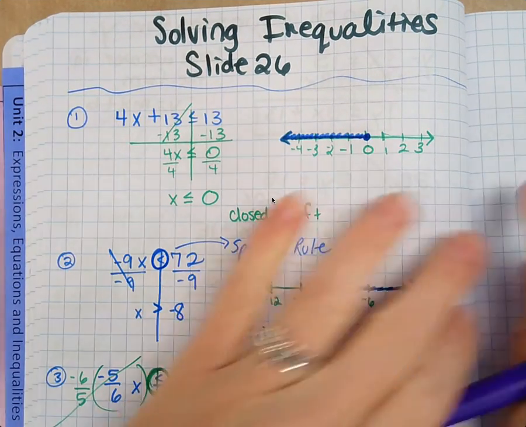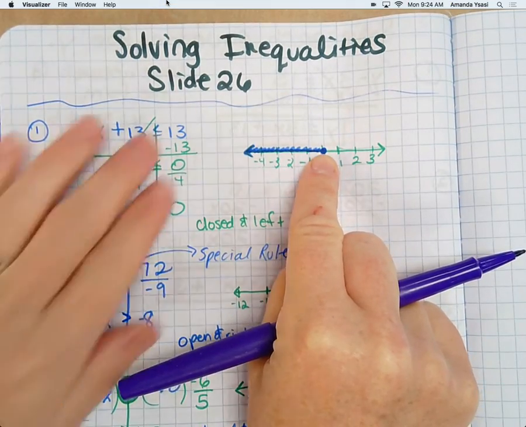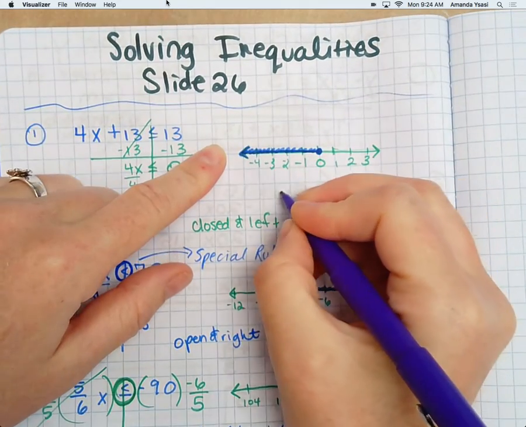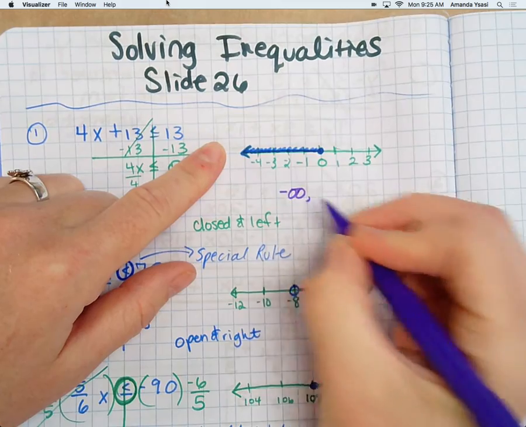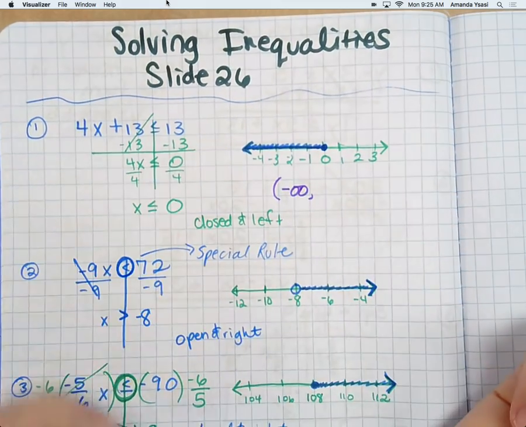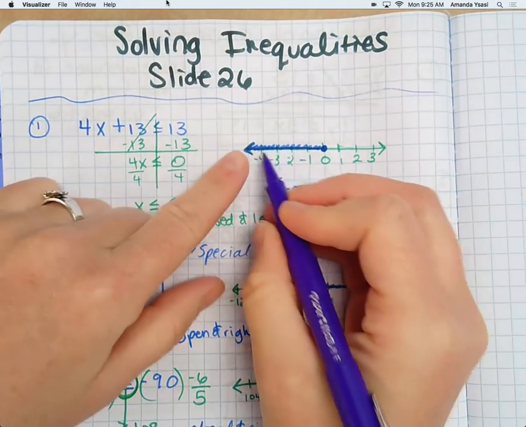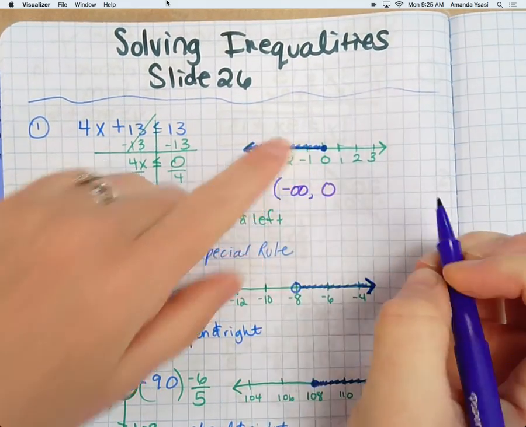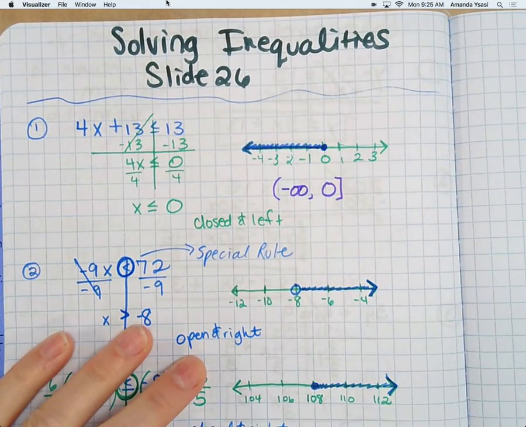So for this one, you always go from left to right. So what's the furthest left it can go? It's going to go on and on and on. So what does that mean? Yeah, negative infinity. And parentheses is always paired with infinity. And then the furthest right it can go is 0. And since it's included, we do a bracket.